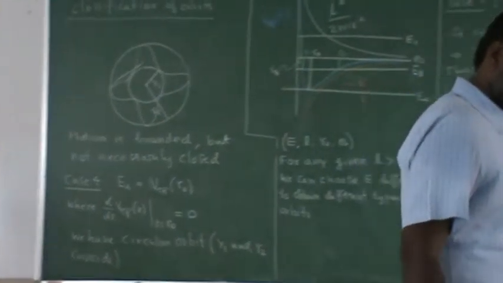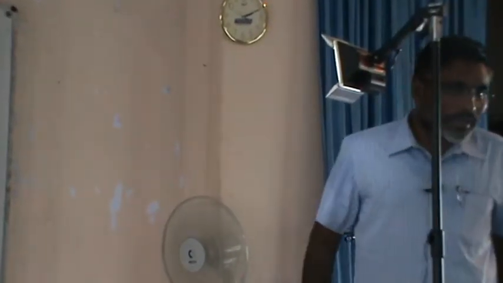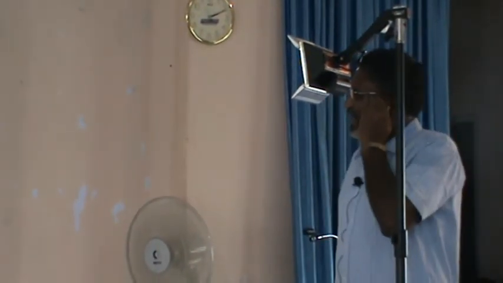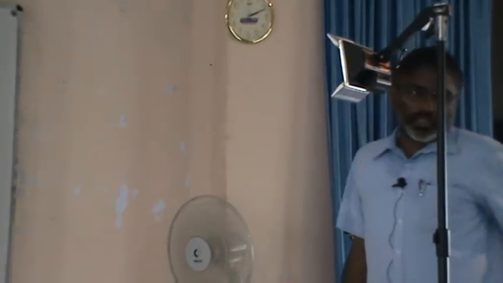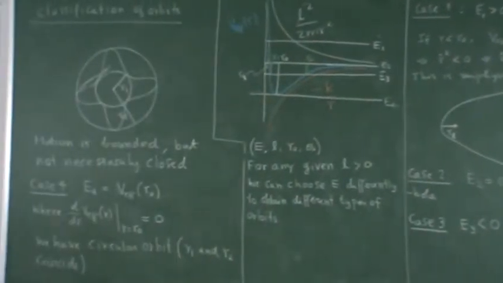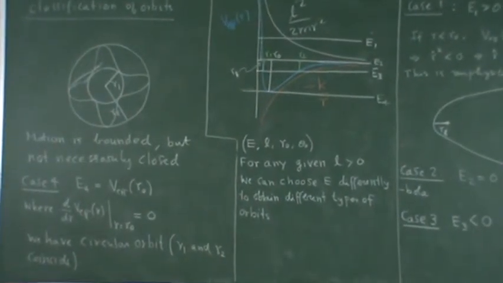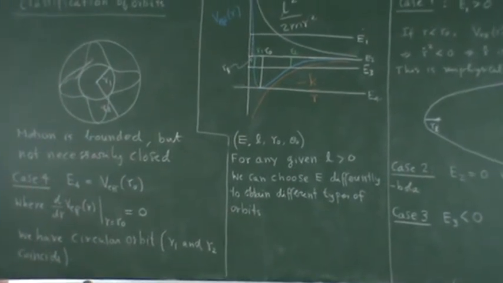Can you think of cases in which V effective has more than one minimum? Not as far as power law potentials are concerned. Only the power law, say 1 by r square, or A by r square plus B by r raised to some power. Such cases you can have more.